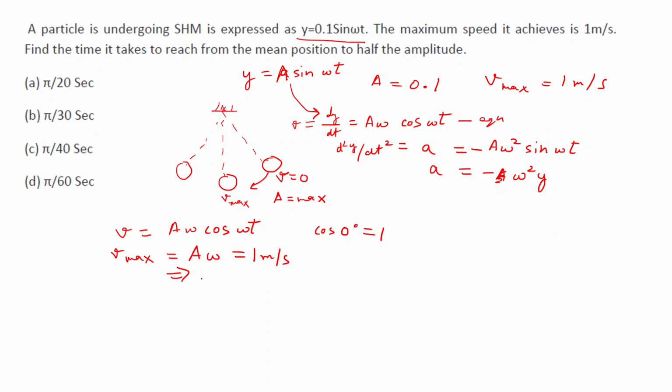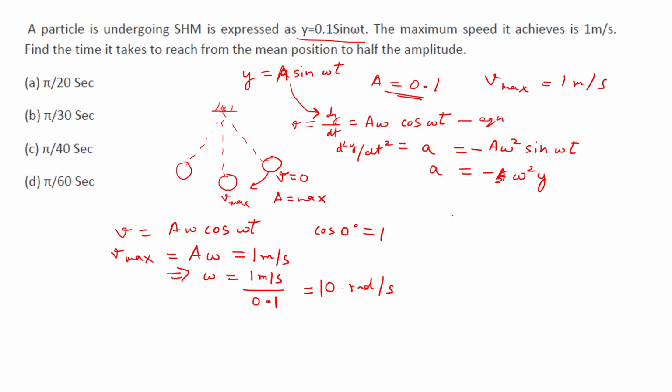From this expression, the value of omega will be 1 meter per second divided by the amplitude value, which we know is 0.1, right? 0.1. This will be, sorry, this will be 10 radian per second or 10 per second. This will be the value of angular frequency.